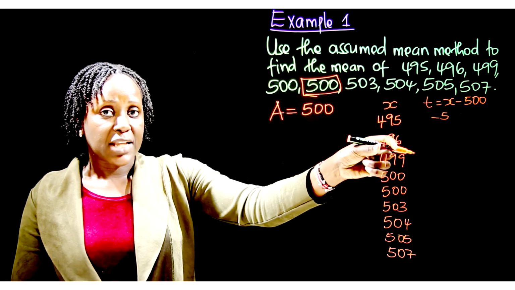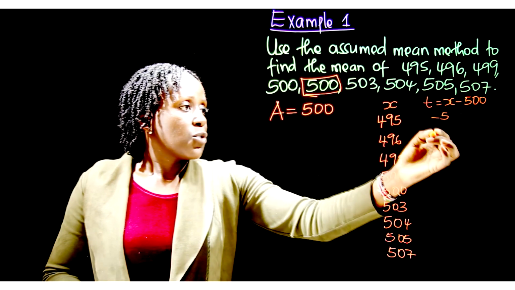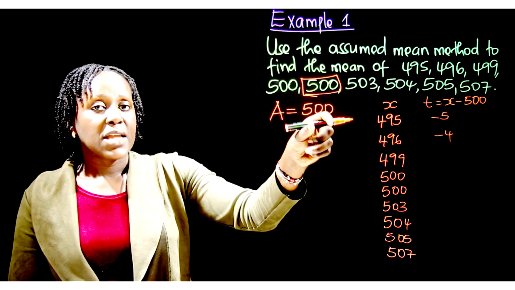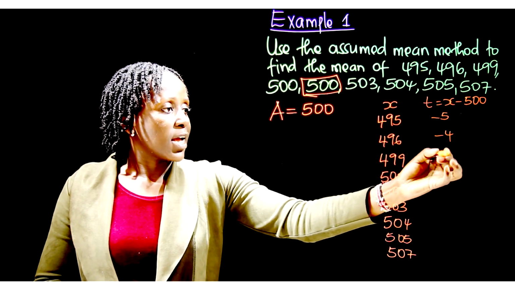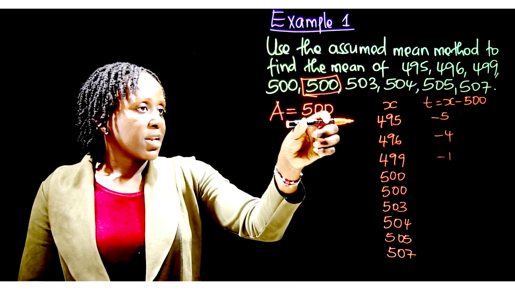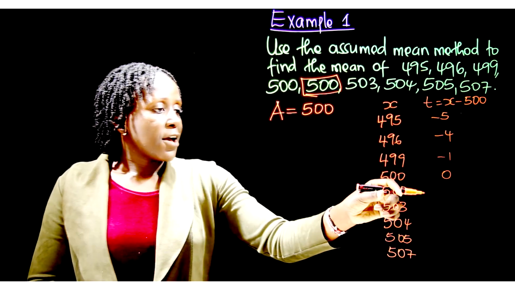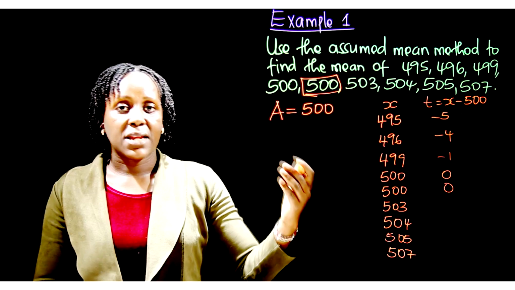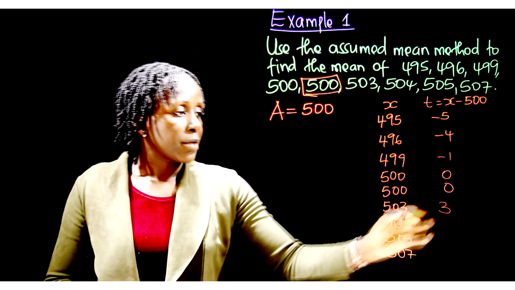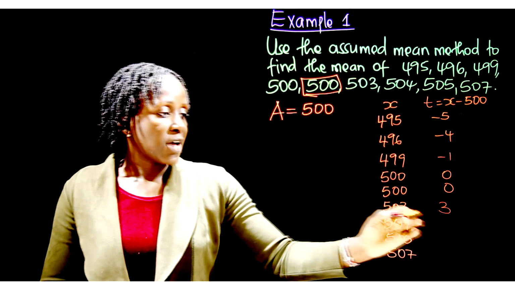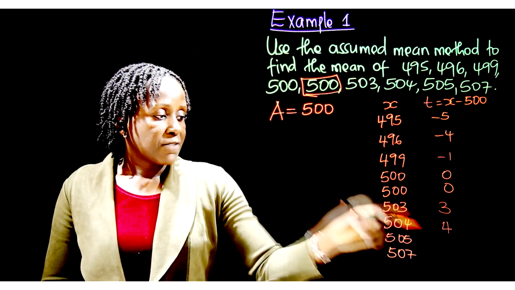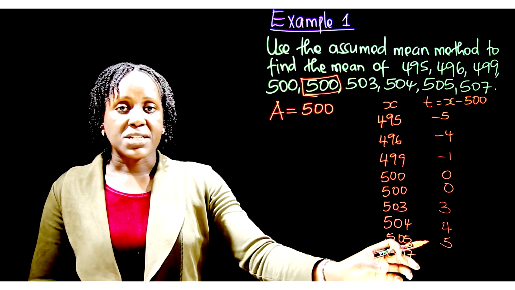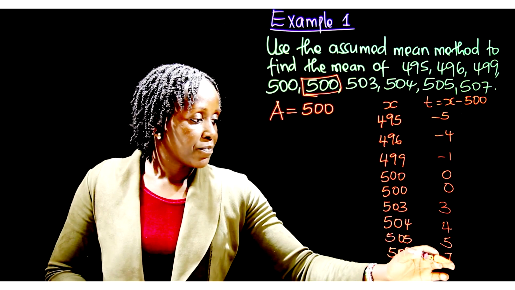Then 496 minus 500, which is negative 4. 499 minus 500 is negative 1. 500 minus 500 is 0. 500 minus 500 is 0. 503 minus 500 is positive 3. 504 minus 500 is 4. 505 minus 500 is 5. And the difference between 507 and 500 is 7.